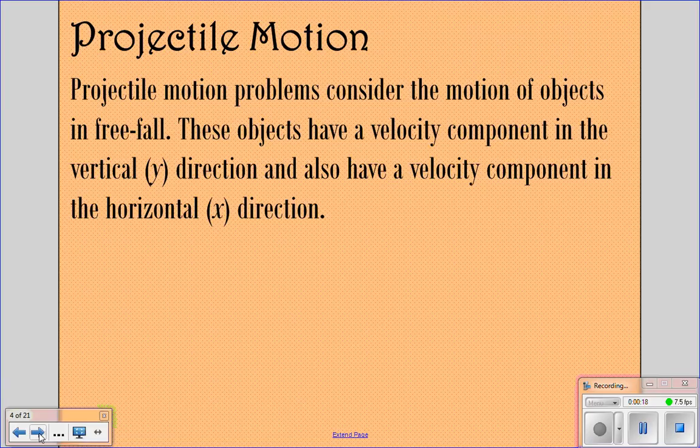Projectile motion problems consider the motion of objects that are in free fall. These objects have a velocity component in the vertical direction and a velocity component in the horizontal direction. Say we have a building and a person on top of it who throws an object off, and then it falls.